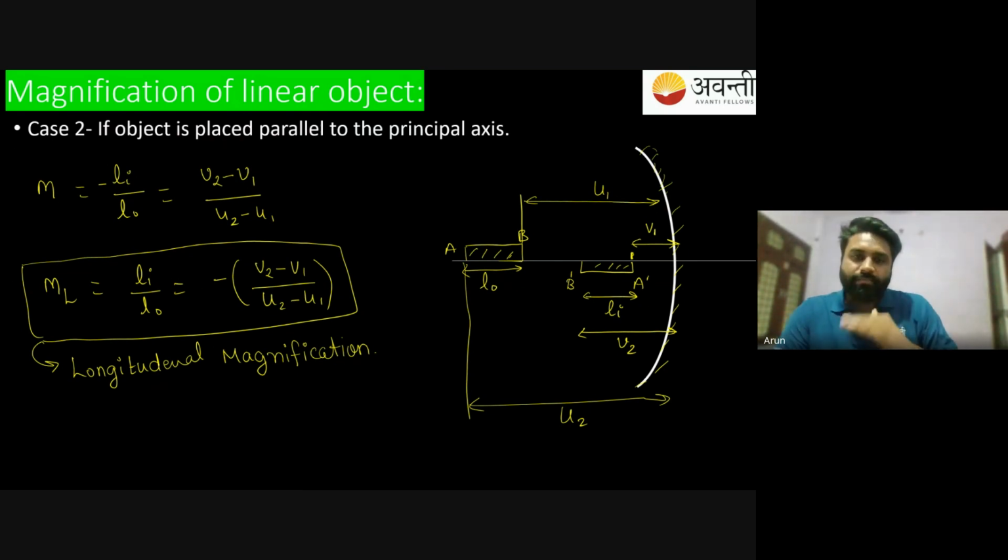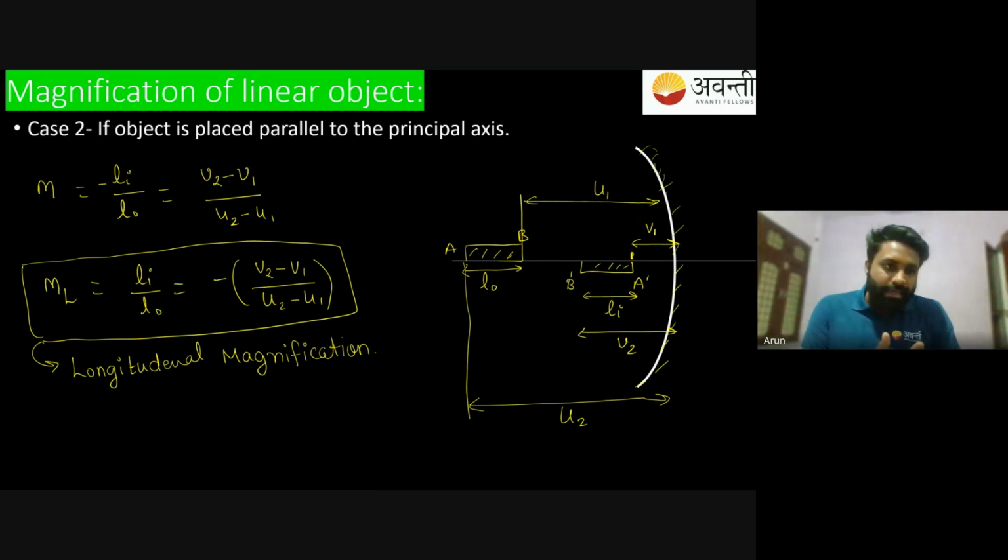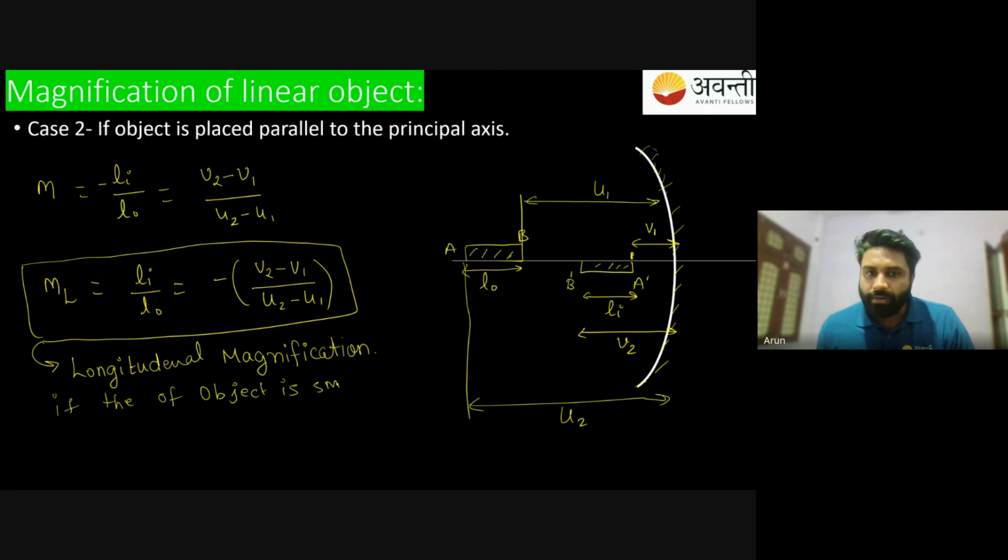Transverse means the perpendicular length, and longitudinal means the horizontal length. Okay, clear? Now, if the object is small, what would happen?